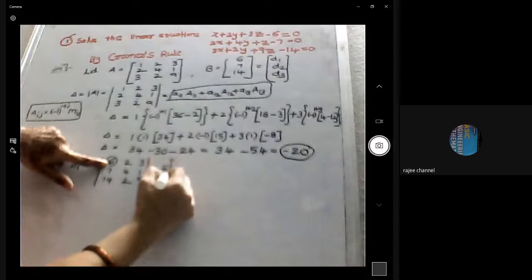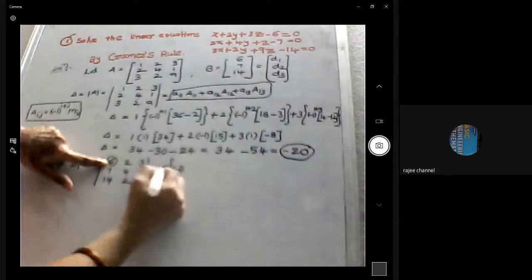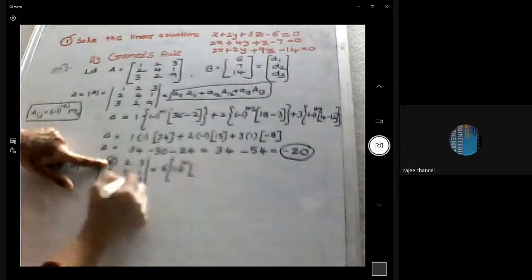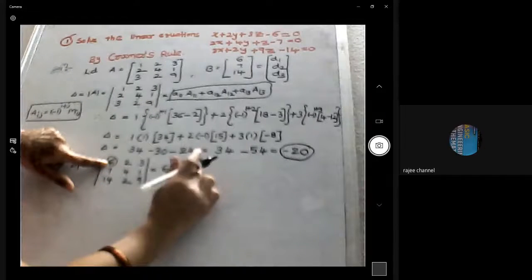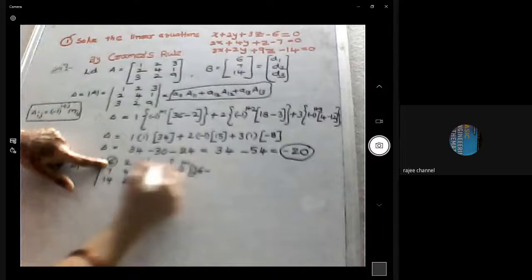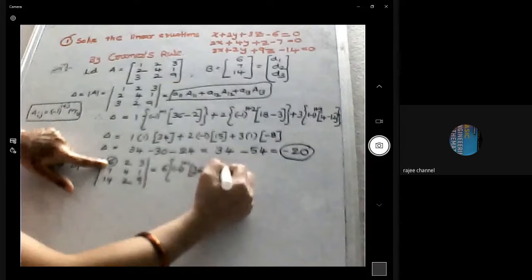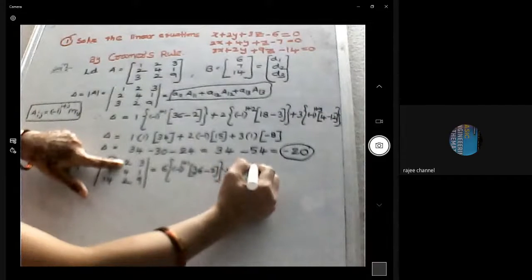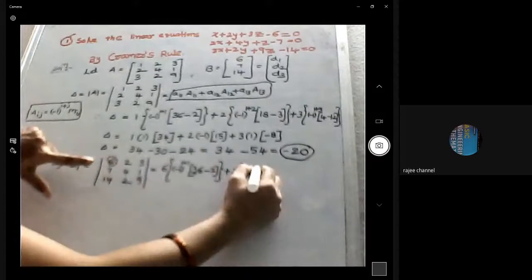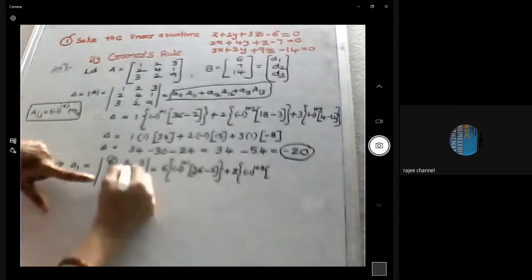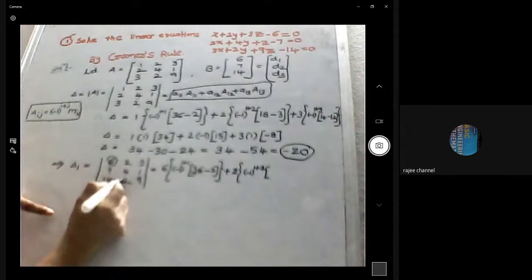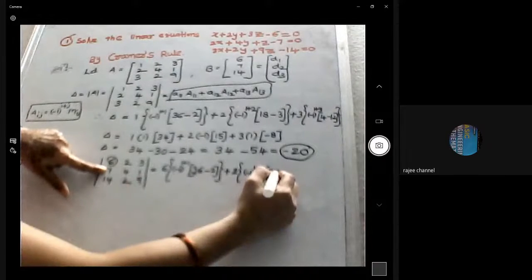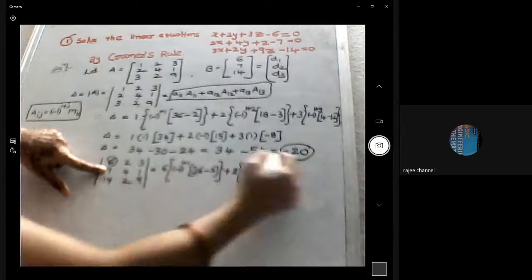6 into minus 1 to the power of 1 plus 1, first row and first column, and the determinant value: 4 into 9, 36, minus 1 into 2, 2. Next, a12 into minus 1 to the power of 1 plus 2, first row and second column, and the determinant value. Removing the first row and second column, the determinant value is 7 nines, 63, minus 1 into 14, 14.